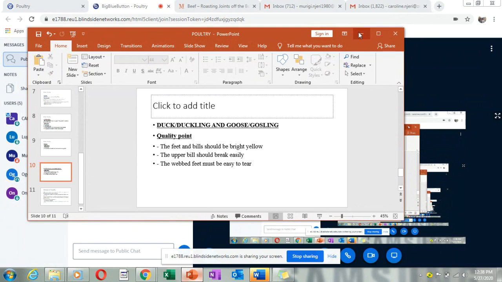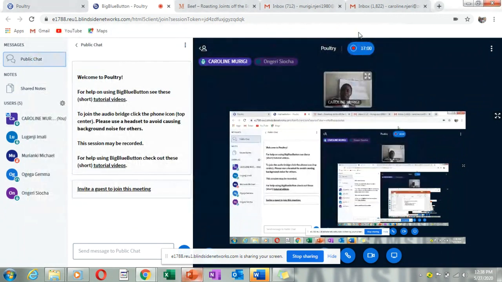Their feet, for very good quality, should have bright yellow legs, and the webbed feet should tear easily. And when you're preparing the chicken, there is the stabbing and the plucking, so the feathers break off easily.